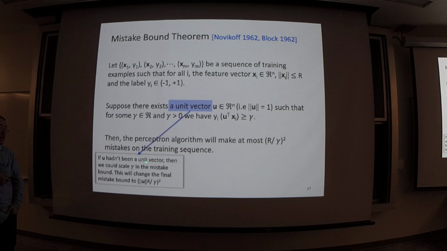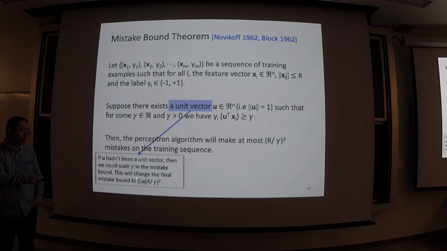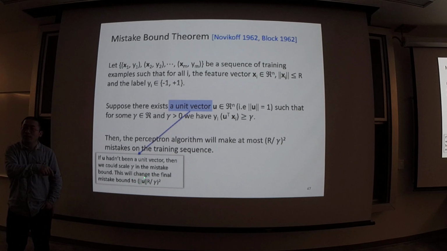If U were not a unit vector, it would scale gamma in the mistake bound, and the final mistake bound would change to the norm of U times R over gamma squared. So what's the benefit of assuming a unit vector U? Because we do not need to explicitly write down the norm of U.